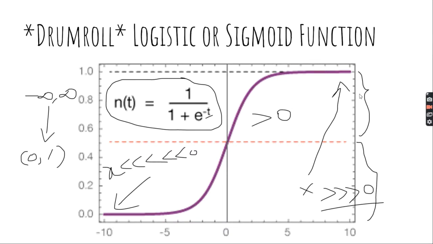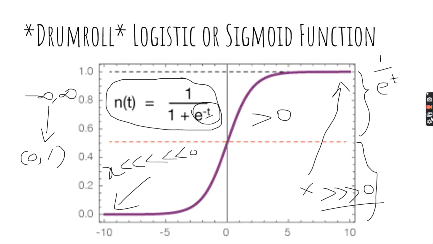If t is very large, then 1 divided by e raised to t will be very small, essentially 0. Then the denominator becomes 1, so the entire expression is close to 1, which is why at very large positive values of t, we approach 1.